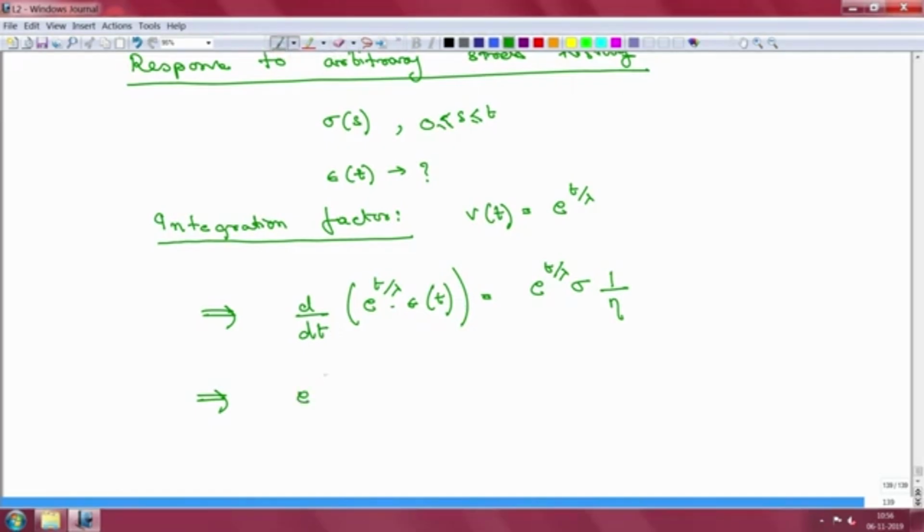So, say the exponential s by lambda into epsilon s, this has to be found from 0 to t, and on this side you have 1 by eta, integral 0 plus to t, e to the power s by lambda, sigma as a function of s. We are just going to use the dummy variable s for time.